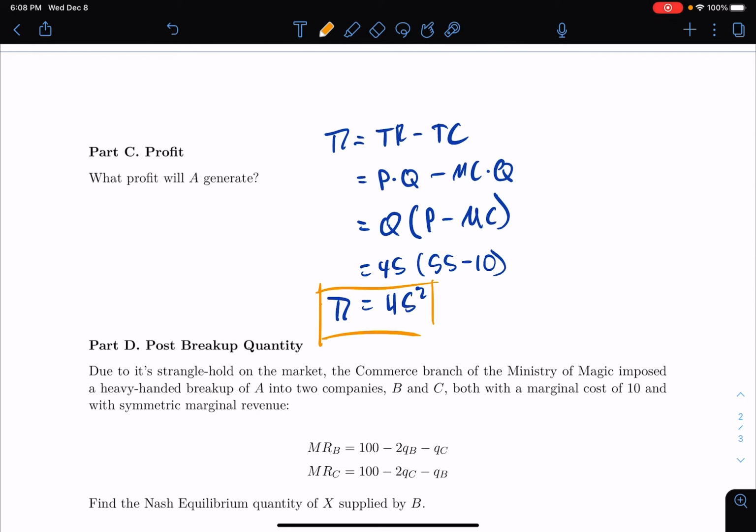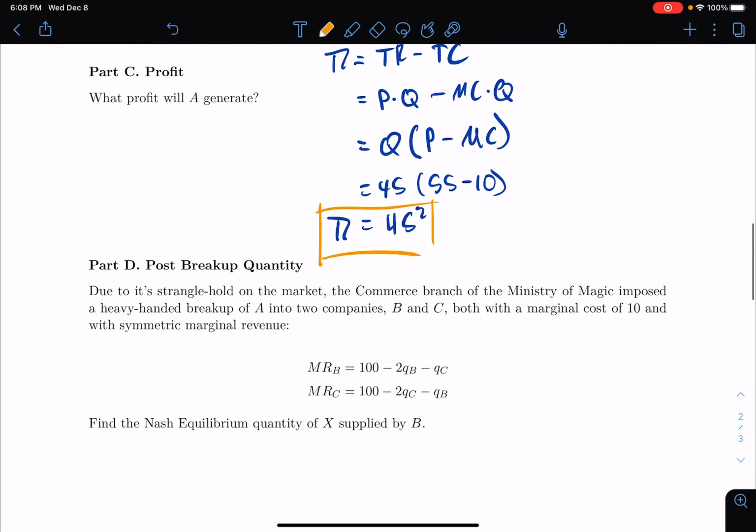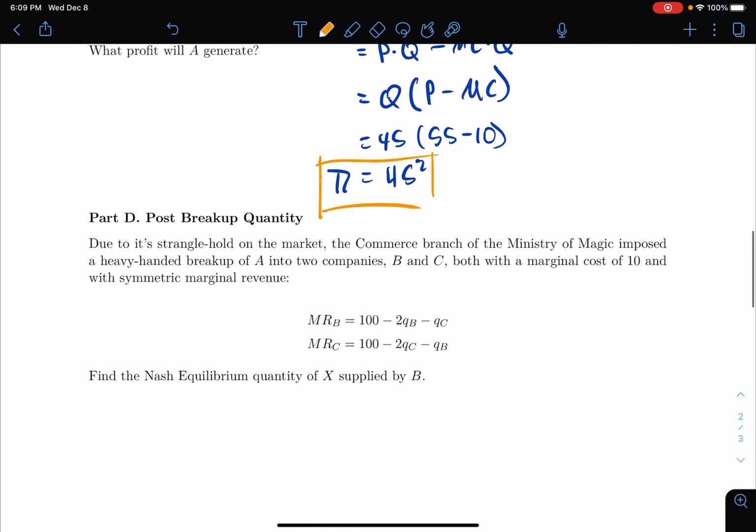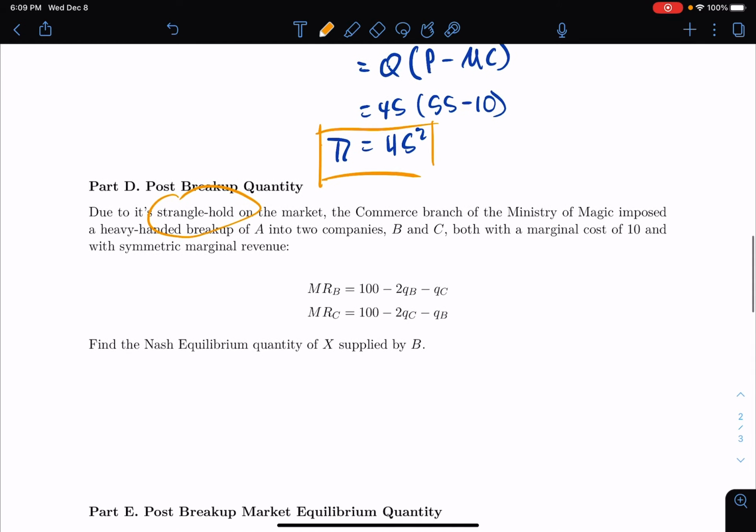And the next part of this question is where things get interesting. So it turns out the commerce branch of the Ministry of Magic has been paying attention to this firm A and its stranglehold on the market. So the Ministry of Magic breaks up this company into two separate firms.